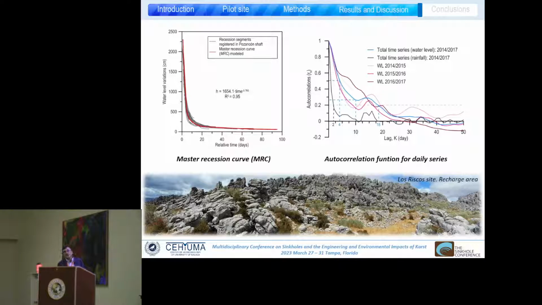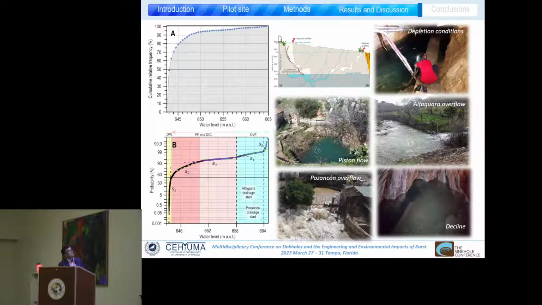In the dry condition, the response of the system is a little bit more inertial, because the rainfall water infiltrates, saturates the soil and then the epikarst, and then that is when the system really responds through the karst system.